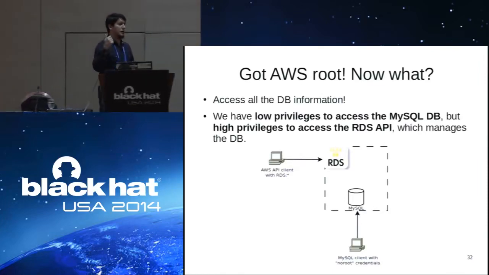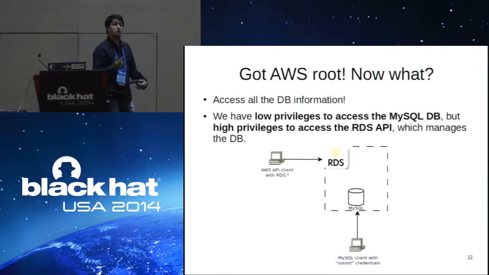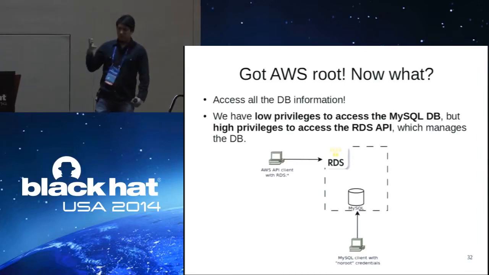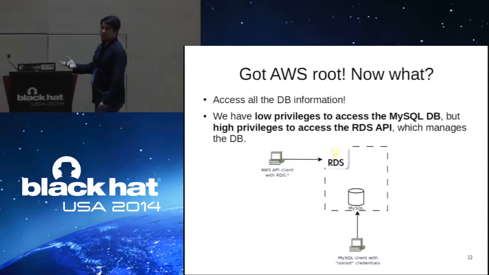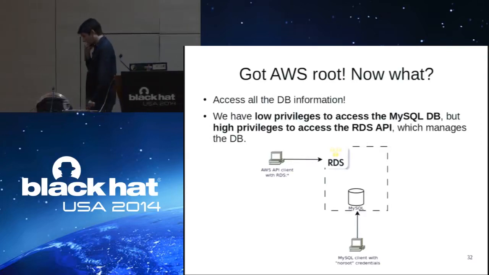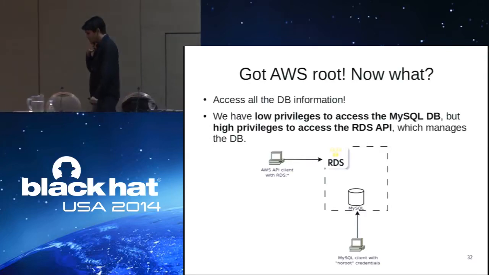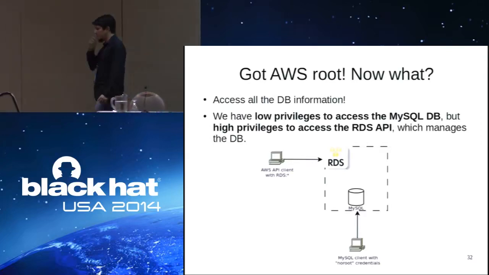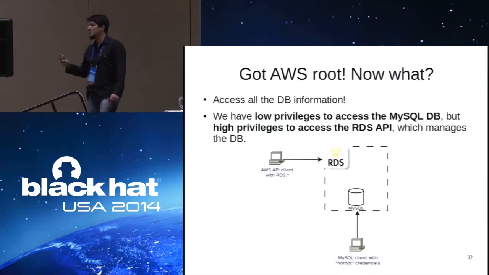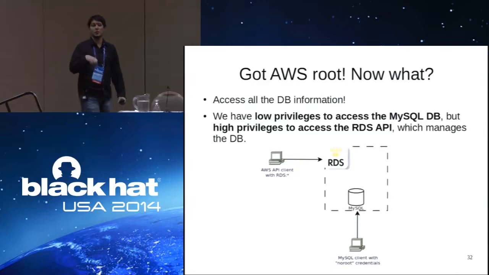I was able to get remote code execution on the scan workers. I was able to access the MySQL database, but with a restricted permission set. So I said, I want all. I want all the information that's stored in that database, not only the one that I can access with a non-root user.